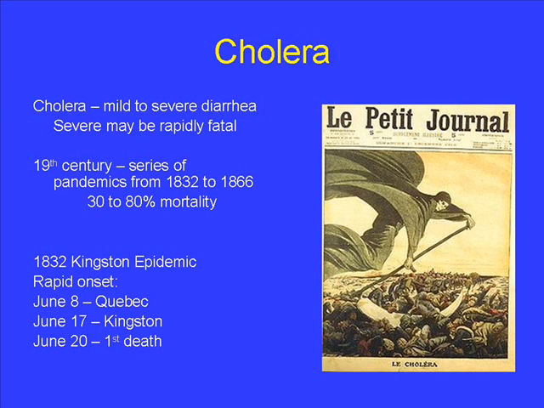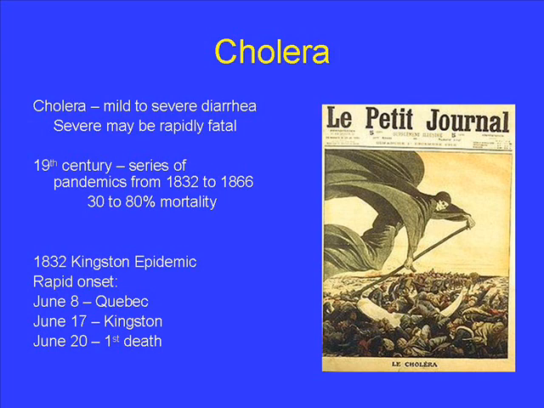And the mortality varied from 30 to 80%. And this cartoon, which was in a publication in Paris, reflects the awareness of the community of the remarkable mortality associated with this particular disease.